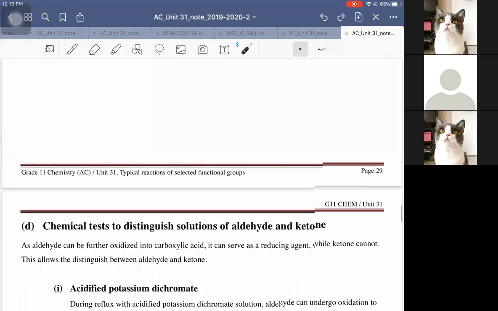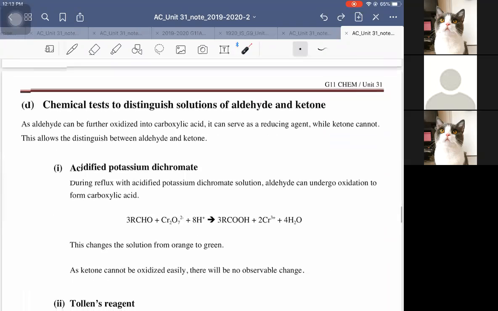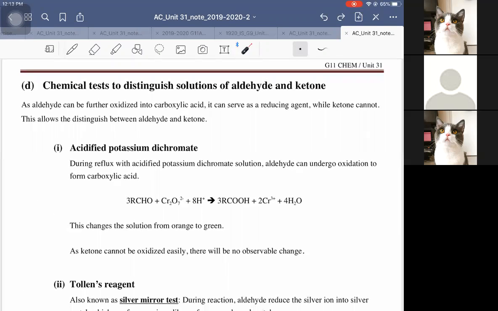Now let's move on to the next part. Okay, for this part, we're going to talk about three kinds of reagent. So this part, we talked about the chemical tests to distinguish between aldehyde and ketone. So remember, aldehyde can be further oxidized to carboxylic acid. Okay, but ketone just stops there.